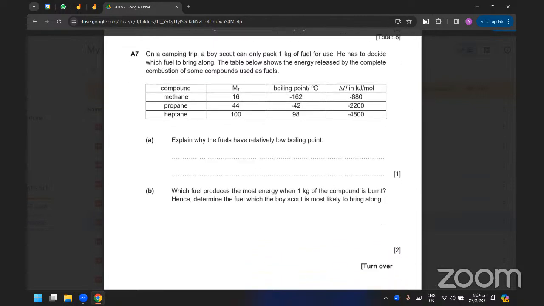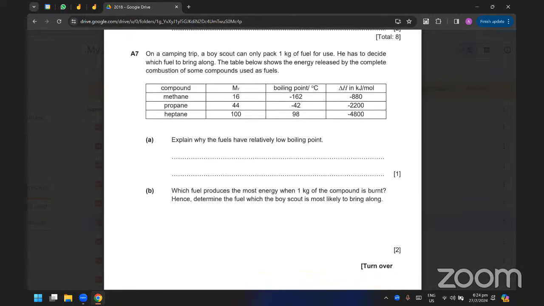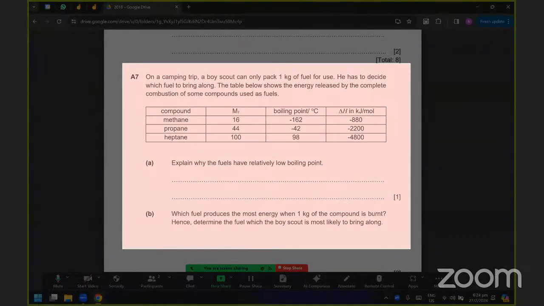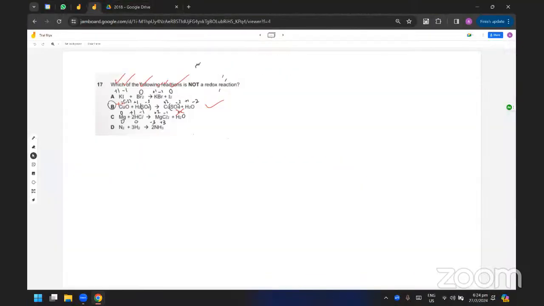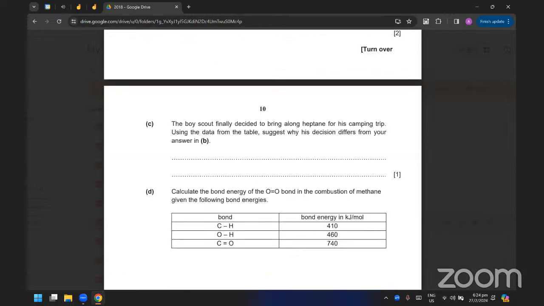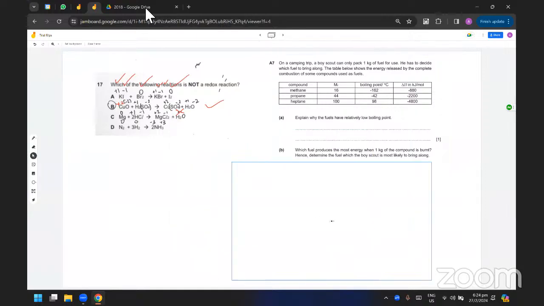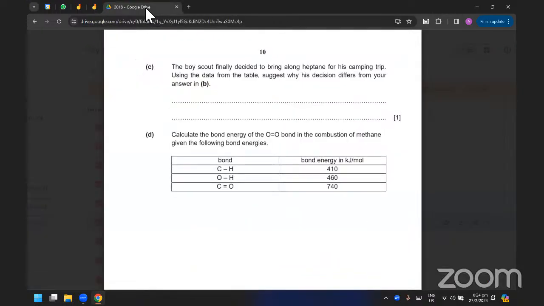Maybe we'll use this so that I understand where you are. I put this in Jamboard, page 5, because it's the easiest way. Now let's go to Jamboard and discuss it there.